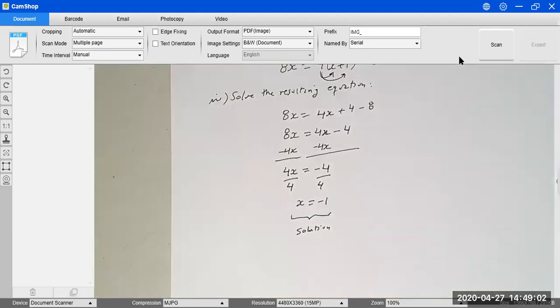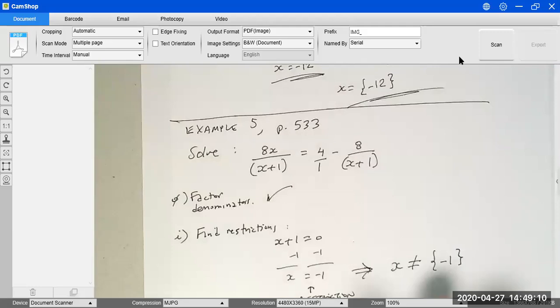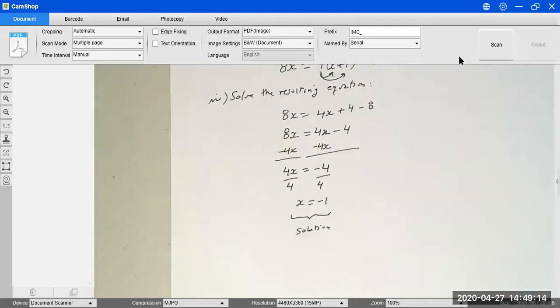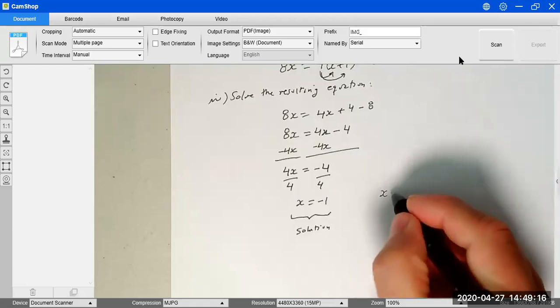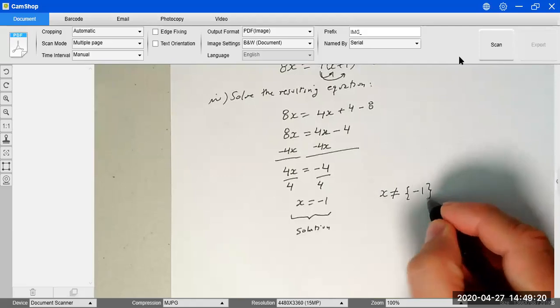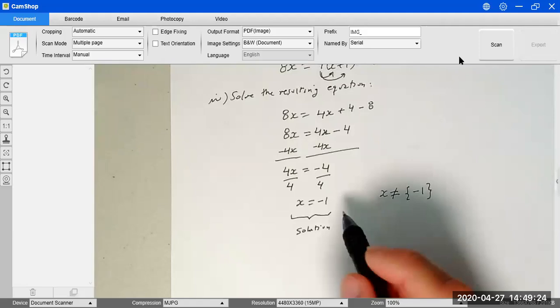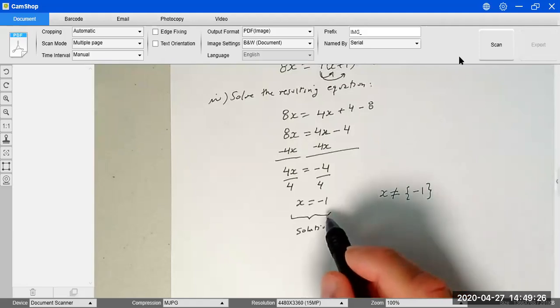and we need to check the restrictions. So the restriction that we found for this problem is this one. So the restriction is negative 1. So we're going to write here the restriction. Is the restriction equal to the solution?